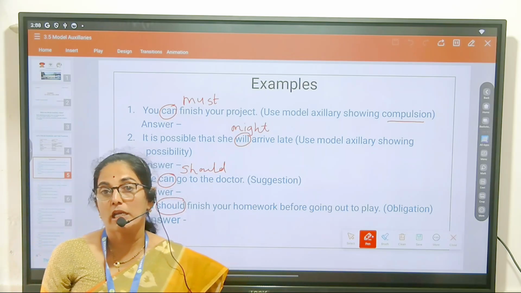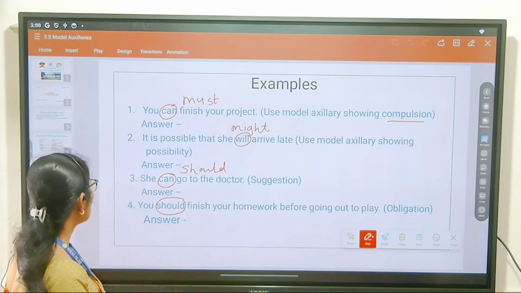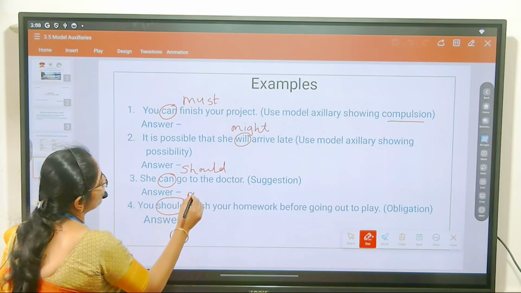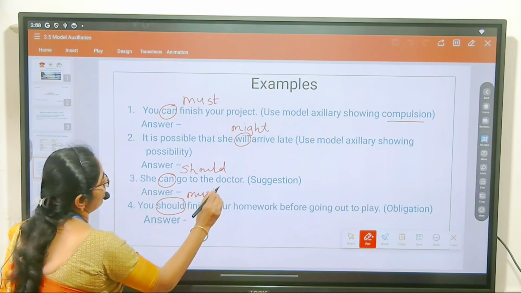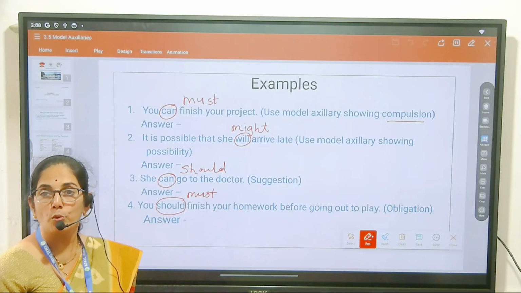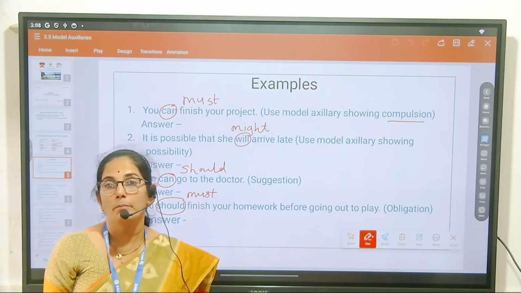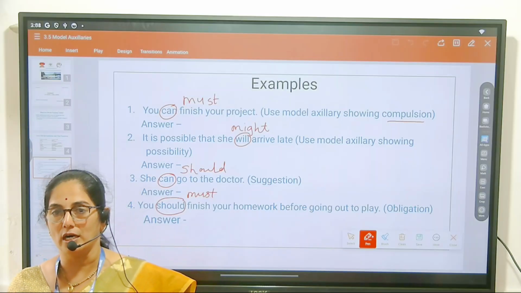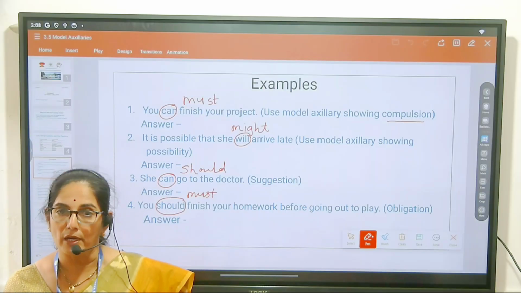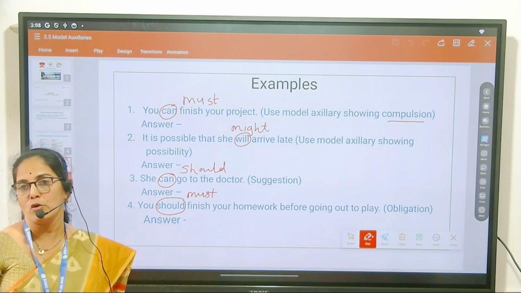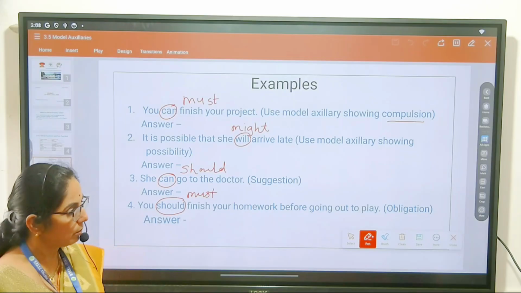That modal auxiliary is must. So instead of should you have to use must. So how is the answer? It is a compulsion for you to finish your work before going out to play. So you must finish your homework before going out to play.